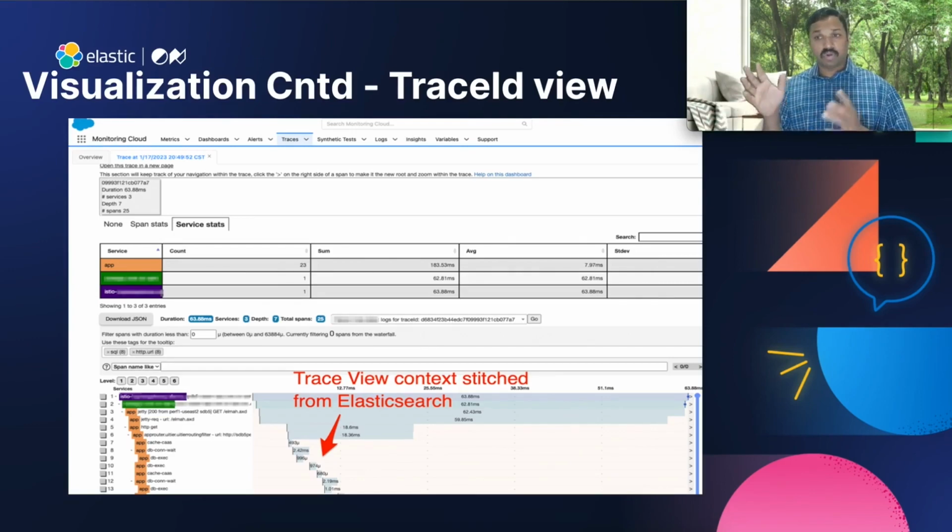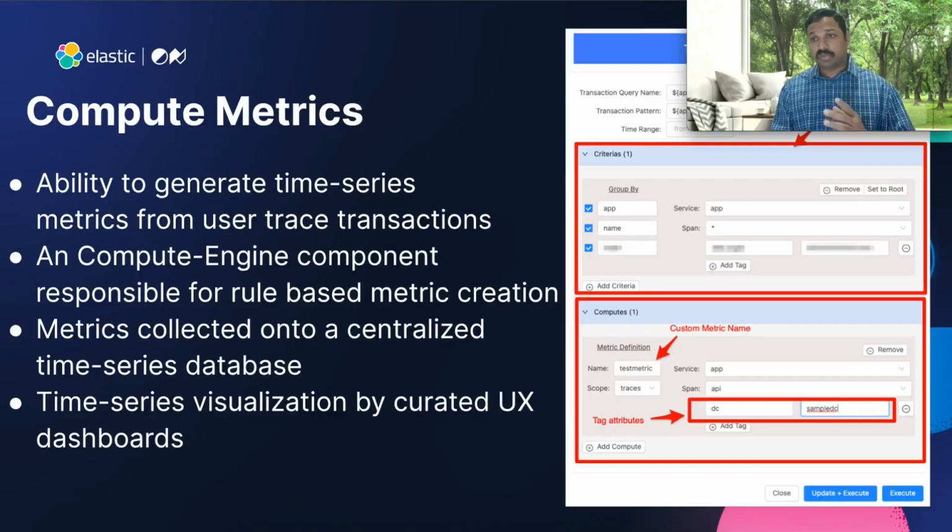And we also use Elasticsearch clusters to run a bunch of aggregation queries through which we give things like sum, count, average, and so forth. You can also create metrics on top of this transaction data by saying, okay, I have this transaction, I want to emit a periodic metric based on additional filter criteria, and we do that.